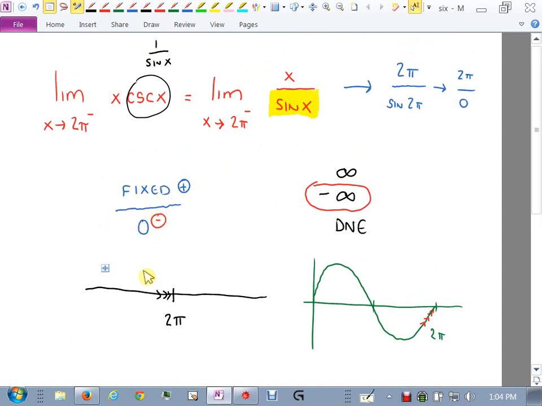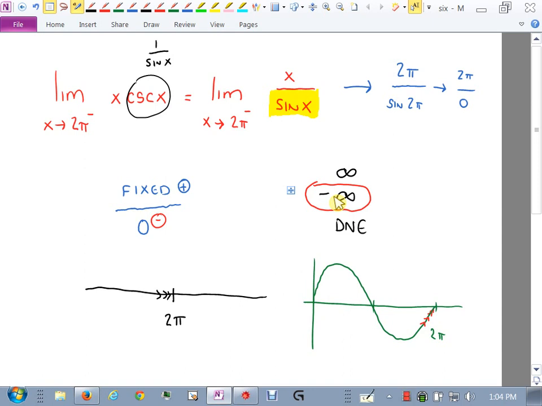I don't mind you plugging in values close to here, but I still need to see that you got fixed over 0. That's the most important thing to me, the fact that you realize there are 3 possible answers. If I wanted you to do the table approach, we would do the table approach all the time, and that can be very tedious and time consuming.